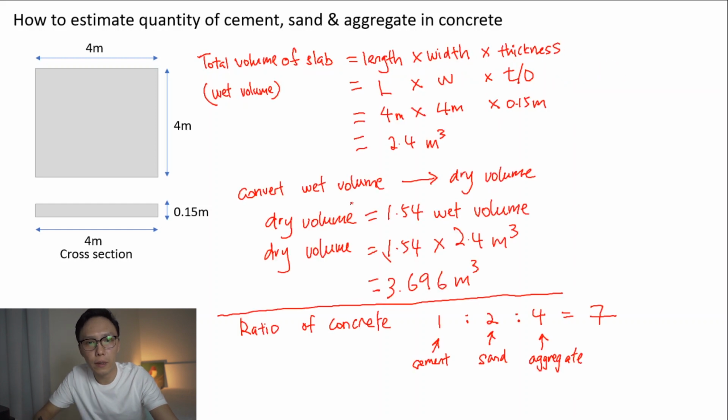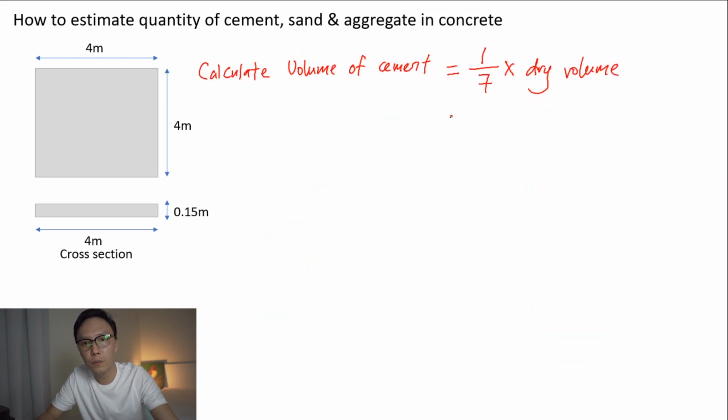The dry volume is 3.696 meter cube. So 1/7 times 3.696 meter cube, and we will get 0.528 meter cube.